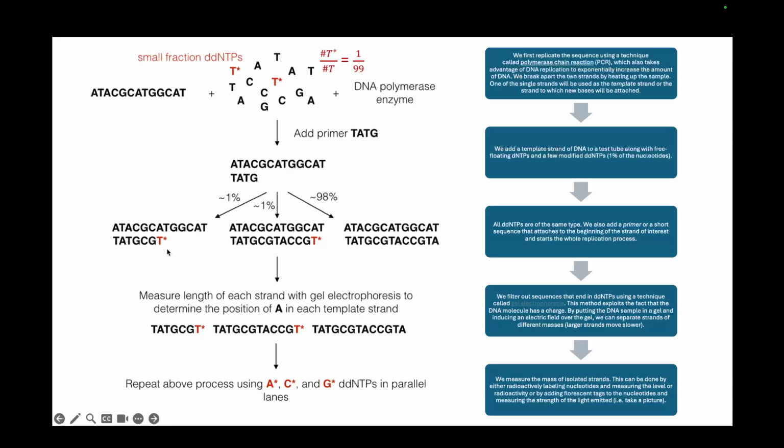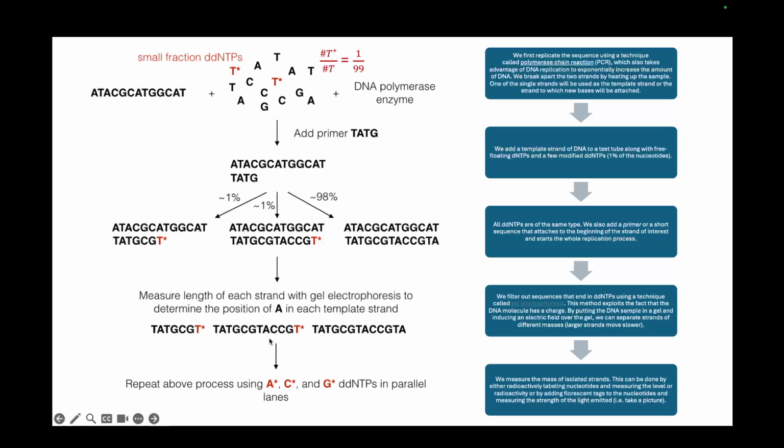Say, for example, in this position the ddNTP has bound, and in the second case it has bound at a later position. So the mass of the second strand will be much greater than the mass of the first strand, because the first already got terminated before reaching this position.